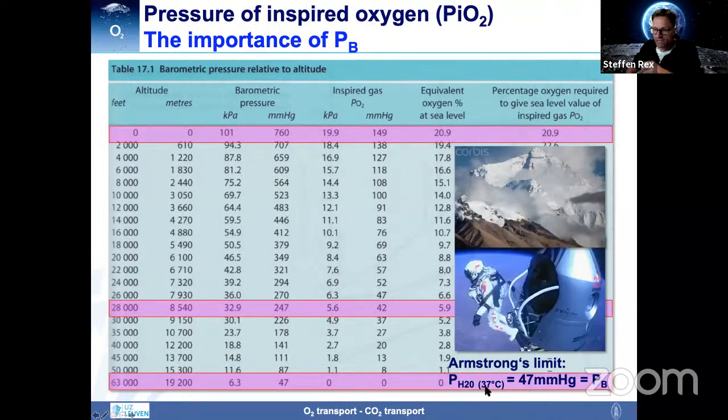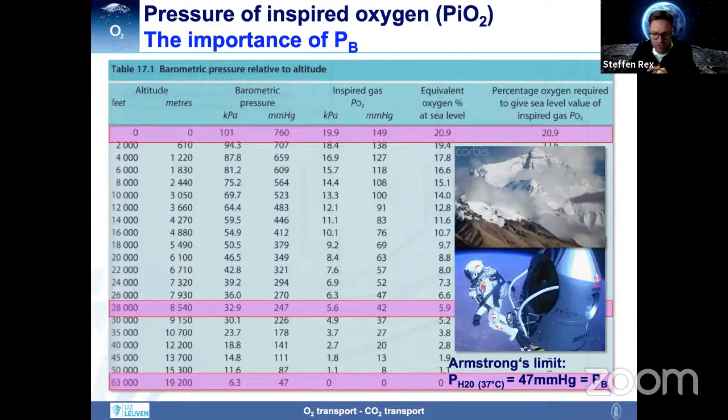And this is the reason why astronauts, for example, apart from the vacuum, have to wear this spacesuit, because otherwise their blood would just begin to boil. So anyway, it's a very fascinating area, this altitude medicine.